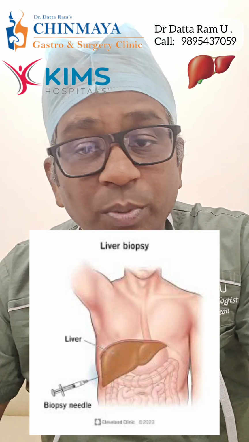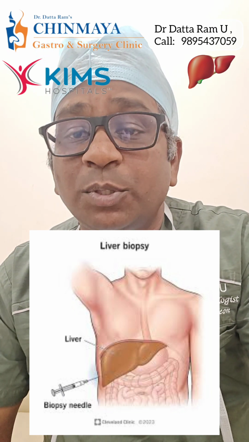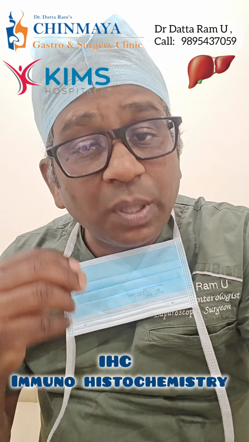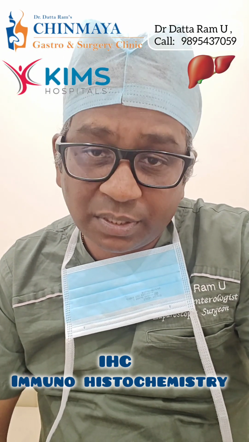In those cases, we do a percutaneous biopsy of the tumor, take a sample of cells from the tumor and look at them under the microscope. We do a thorough evaluation and see how the tumor looks under the microscope, and we do some special tests called immunohistochemistry.